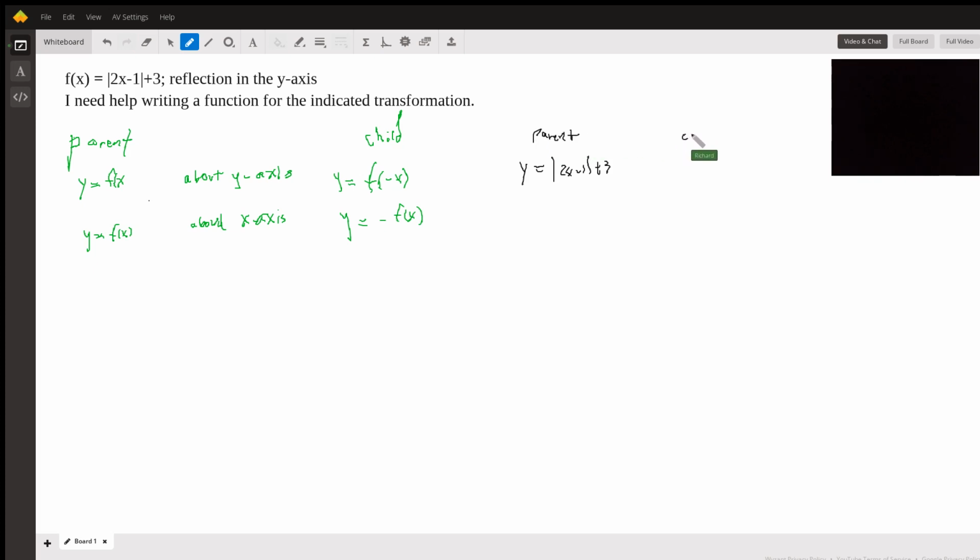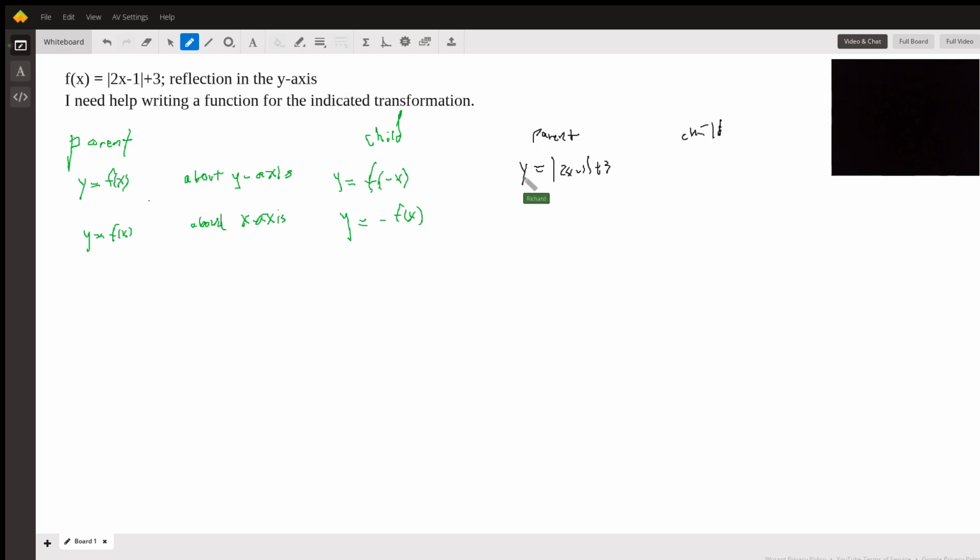And the child is going to be, see how this is just a replacement rule. We're just replacing x with negative x. Do you see that? Hopefully that's clear to you.